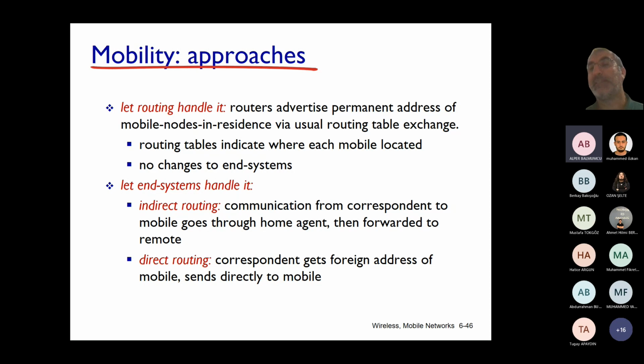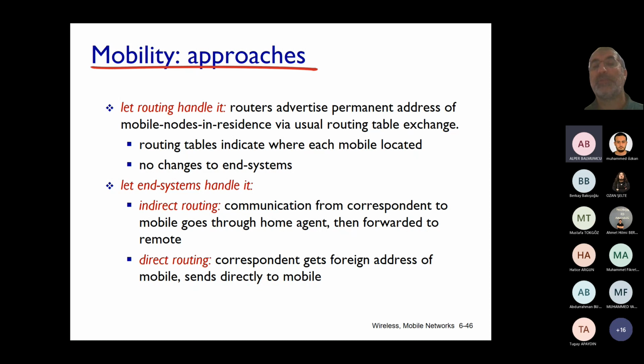The routers are going to advertise the permanent address of mobile nodes in residence by using routing table exchange, if you remember from the routing that we learned. So these routing tables indicate where each mobile is located. There are no changes to the end system in this approach. But this is not practical and not scalable, because we are talking about millions or billions of mobile devices. If you keep changing this table, the network may be congested. So this is not scalable.